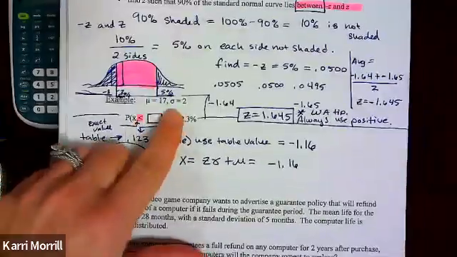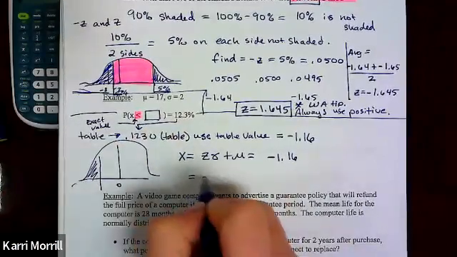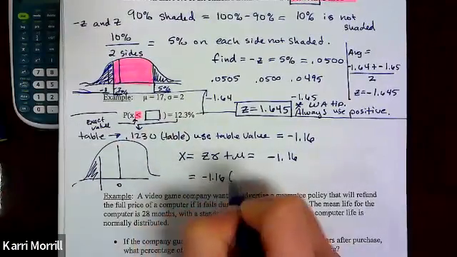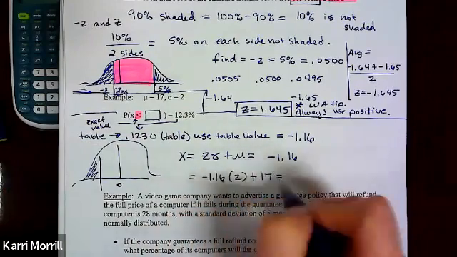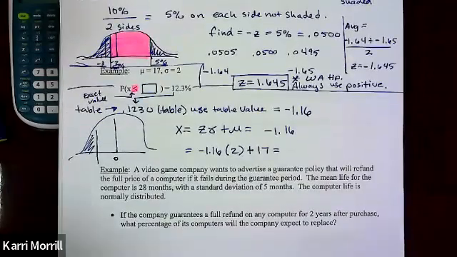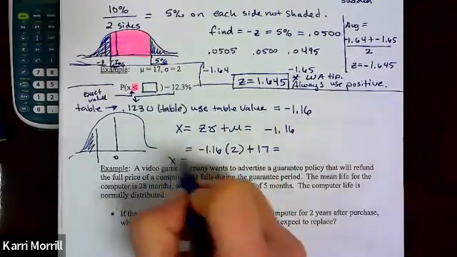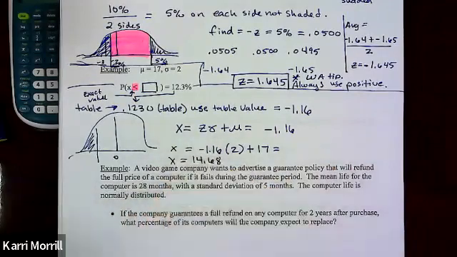Here, this information goes with our problem. So they're saying, example, the mean is 17 and the standard deviation is 2. So negative 1.16 times my standard deviation of 2 plus your mean. So you'll always be given those other two things when you're finding the x value. So whenever you do that math, your x value is going to be 14.68.